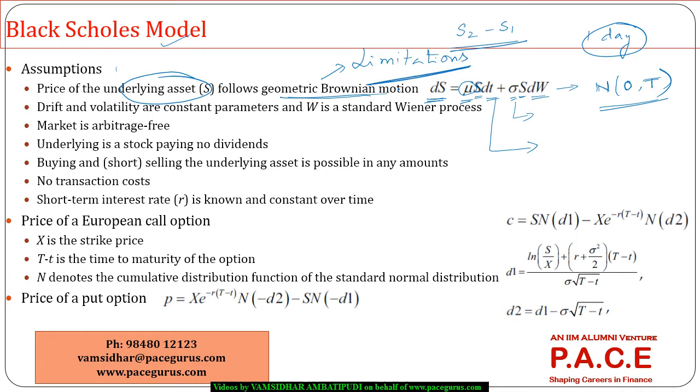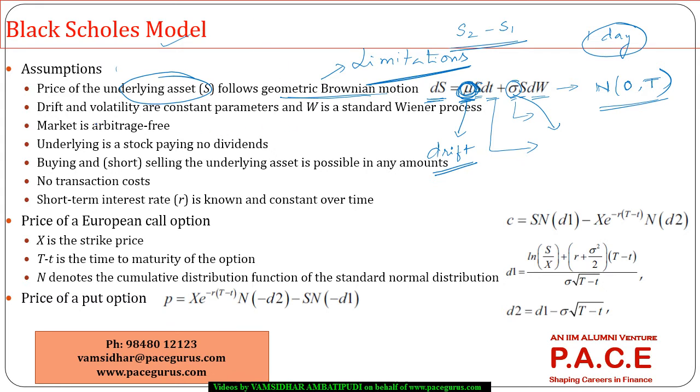The Black-Scholes model is more and more applicable if the stock price is following a geometric Brownian motion. And here mu is called the drift, which is on an average what is the change in the value of S, and sigma is called the volatility. So here if you see, these two are constant, they are not functions of time or they are not functions of underlying whatever.